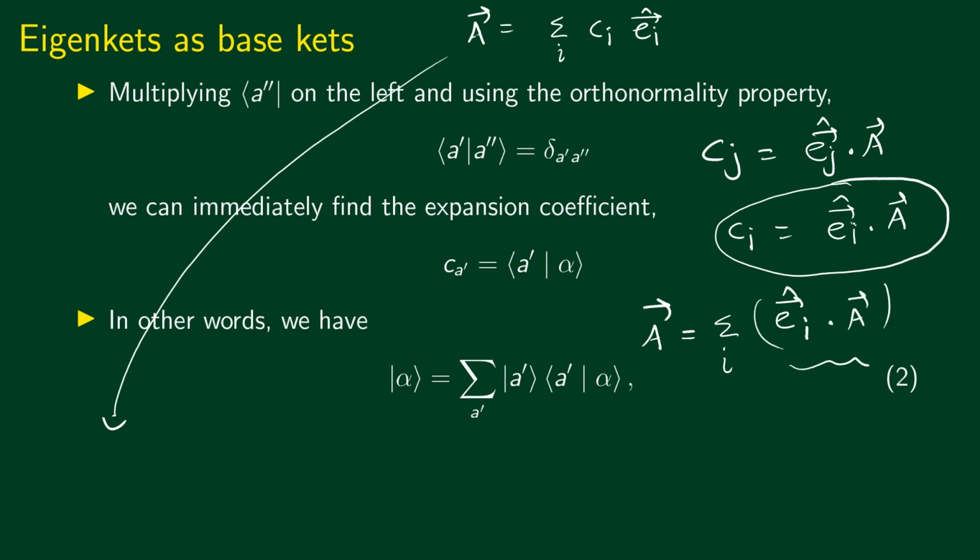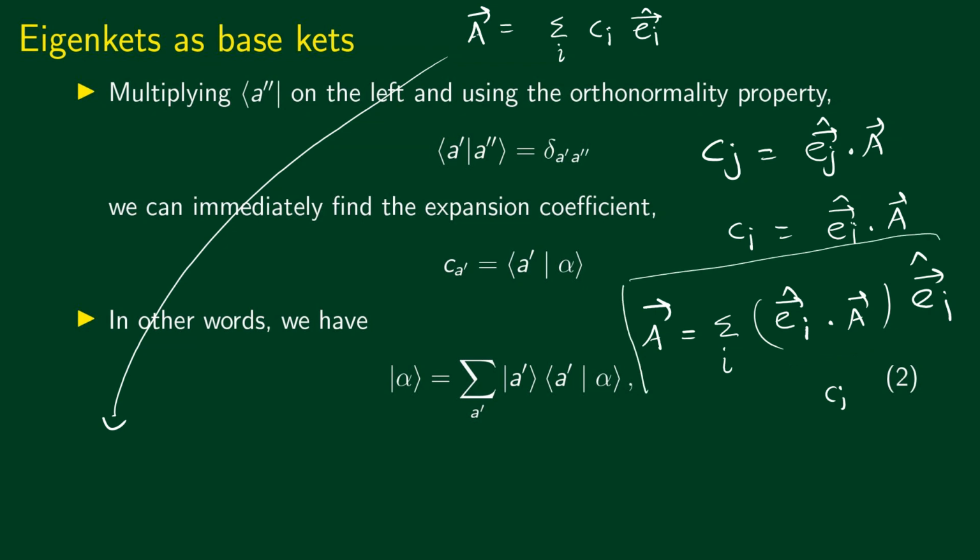Okay, and then the direction Ei hat. So the vector A can be written as sum over i of Ei dot A vector times Ei hat. This is the expansion coefficient Ci. These things we are already familiar with. Now the same things can be done in the case of complex vector space also. Okay, let's do that next.